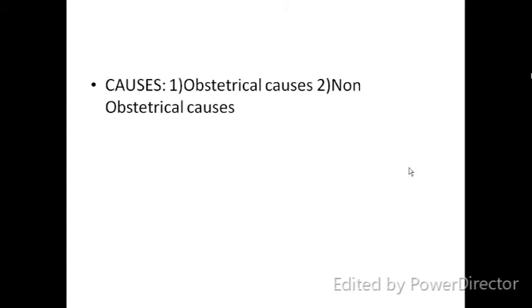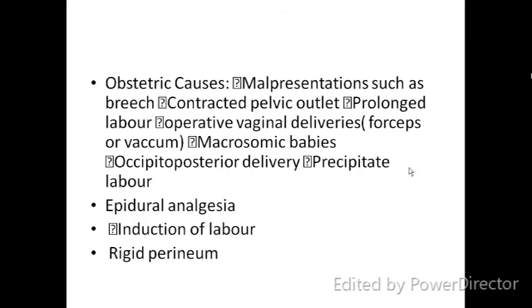What are the causes? Obstetric causes and non-obstetric causes. Obstetric causes: malpresentation such as breech presentation, contracted pelvic outlet, prolonged labor, operative vaginal deliveries, macrosomic babies, occipito-posterior delivery, or precipitate labor. What happens in precipitate labor?